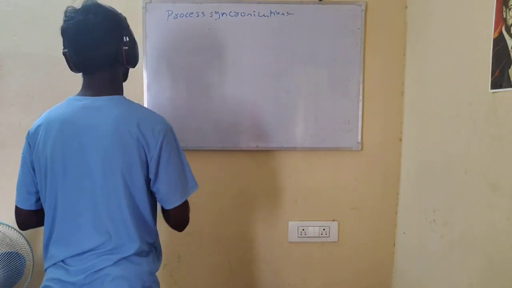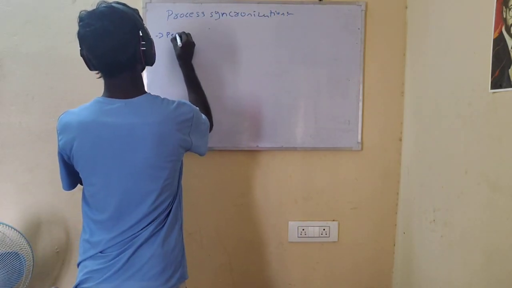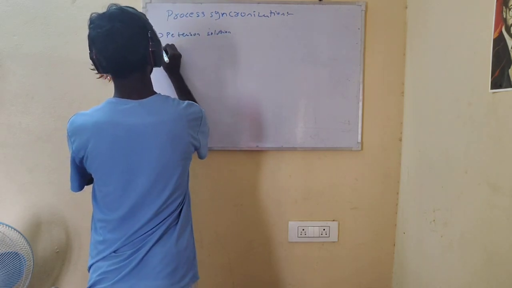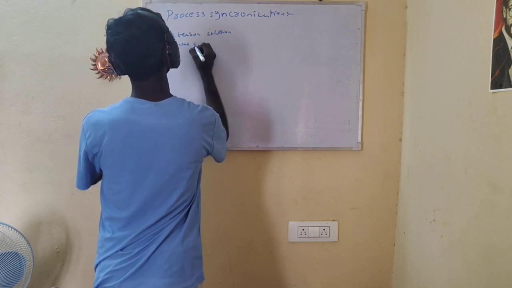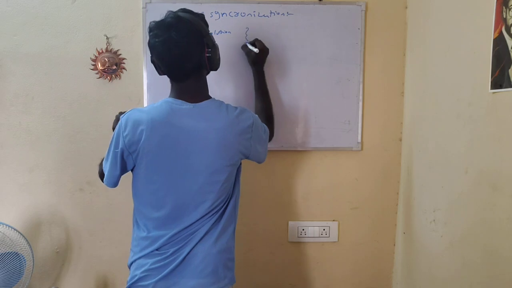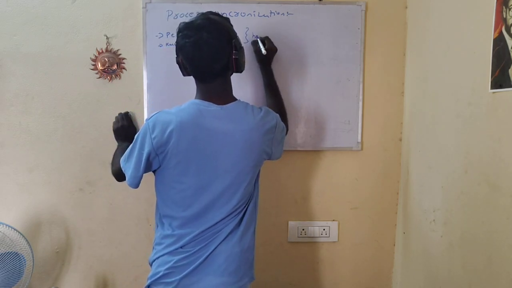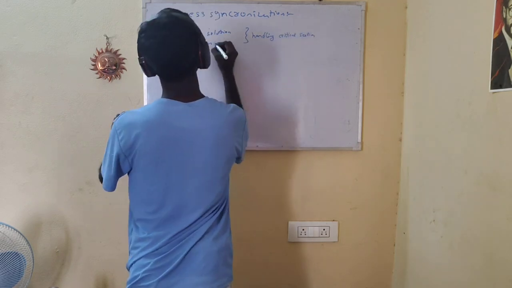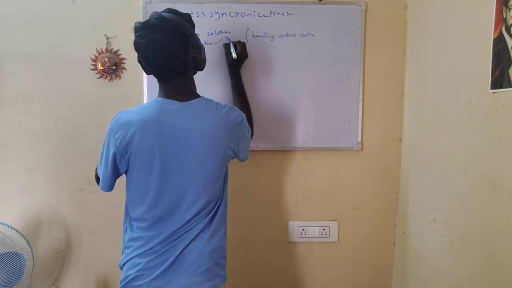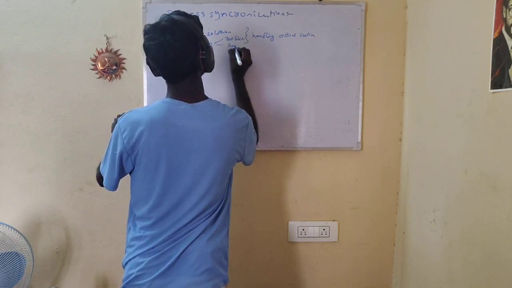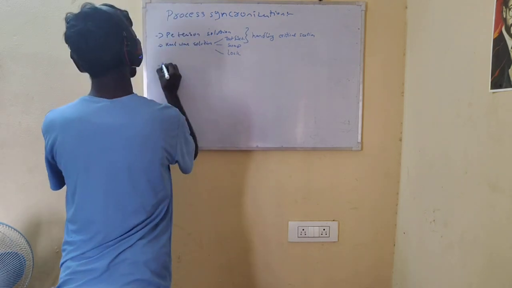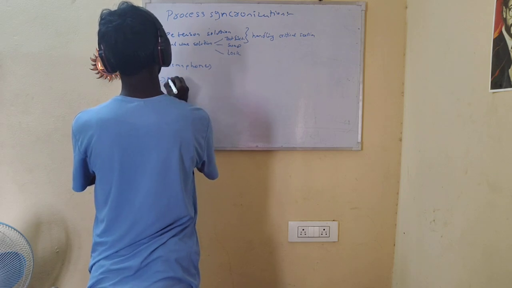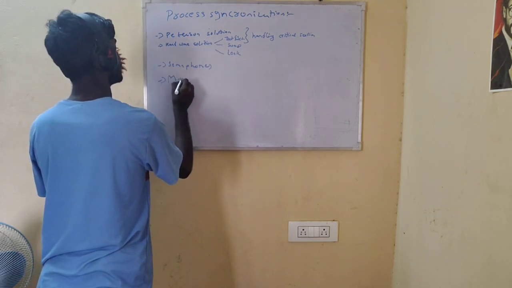So there are multiple ways to perform this process synchronization. That can be the Peterson solution, or hardware solutions of synchronization, which is called handling critical section, solution in which we have test and set, swap, lock, and then we also have semaphores and then monitors.